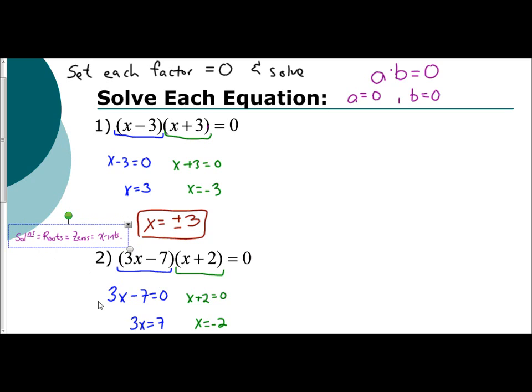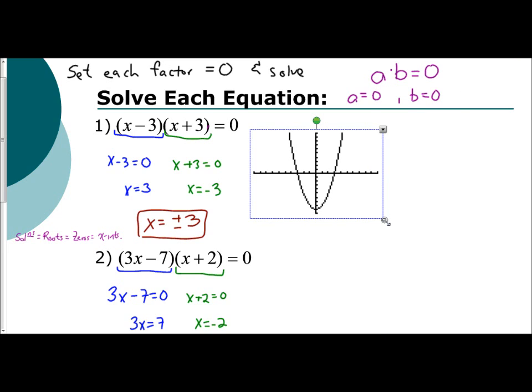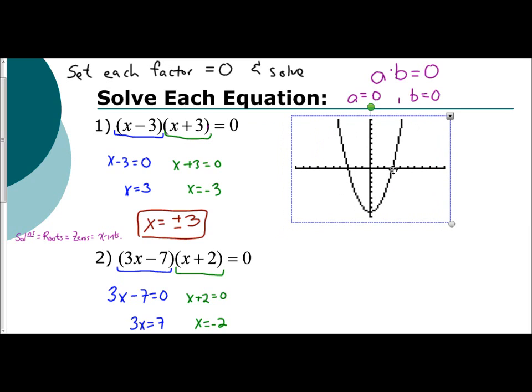If I were to plug in y equals the two factors, x minus 3 and x plus 3, and I were to graph it, you would see that you have your solutions of 3 here, of negative 3 here, that they're also your roots, your zeros, they are your x-intercepts.